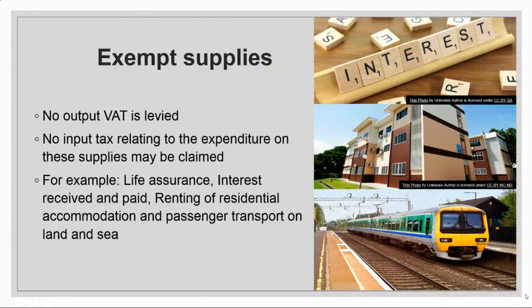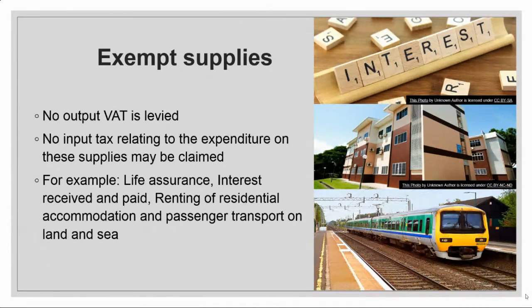Exempt supplies, like I said, no output VAT is levied on exempt supply, but that also means that no input VAT may be claimed. Now, examples of this are life insurance, interest received and paid, and renting residential accommodation. If you're renting out commercial accommodation, that on the other hand is a standard rated supply. So this is specifically residential accommodation.